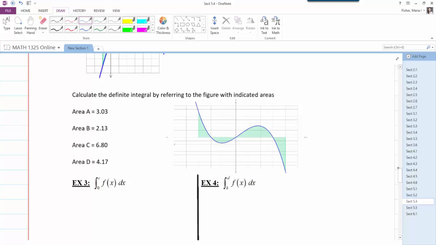So let's draw in all of this because I didn't have a chance to put it on our graph. Just to clarify, this here is our y-axis, and this here is our x-axis.